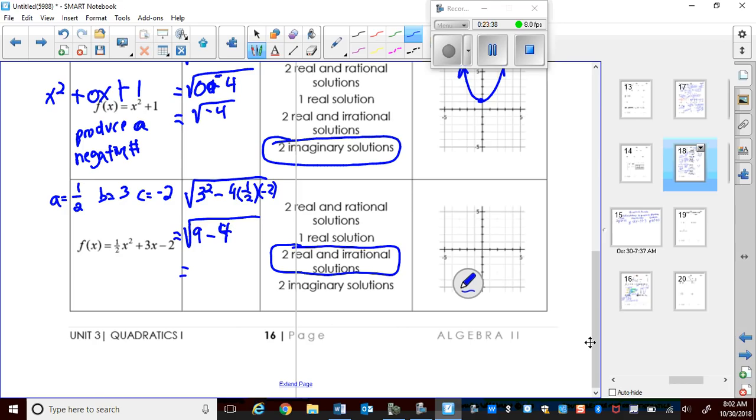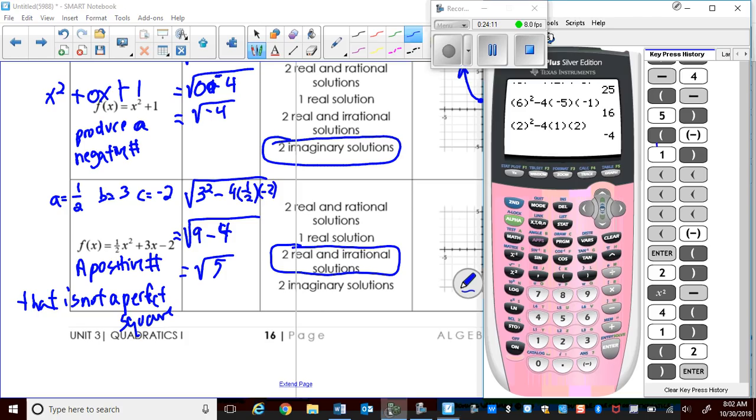This equals the square root of 13, a positive number that is not a perfect square. Okay? When I produce a number that is not a perfect square but is positive, I'm producing two real and irrational solutions. And my graph, it's a little bit harder to graph, so we're going to go look at it.